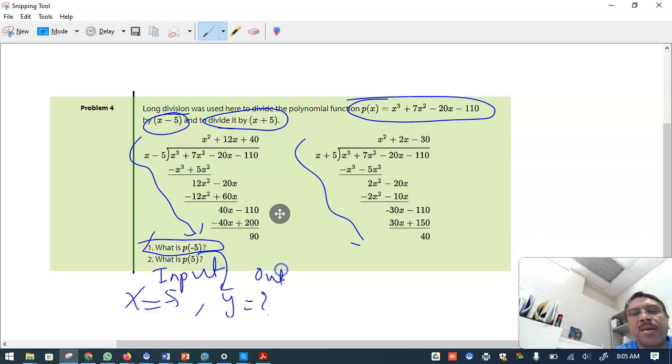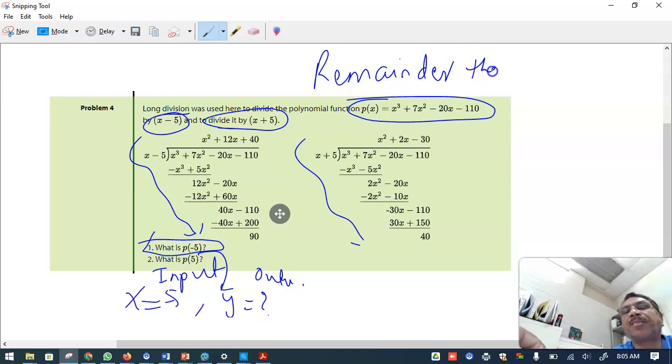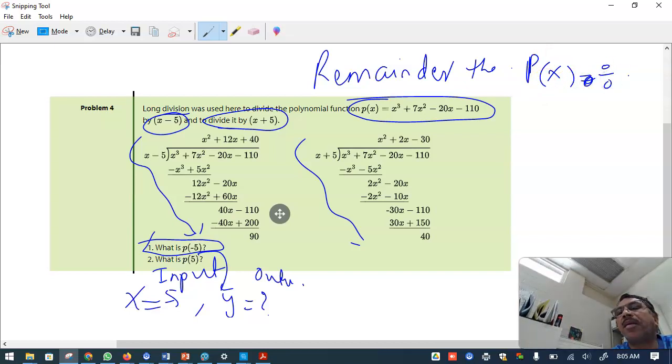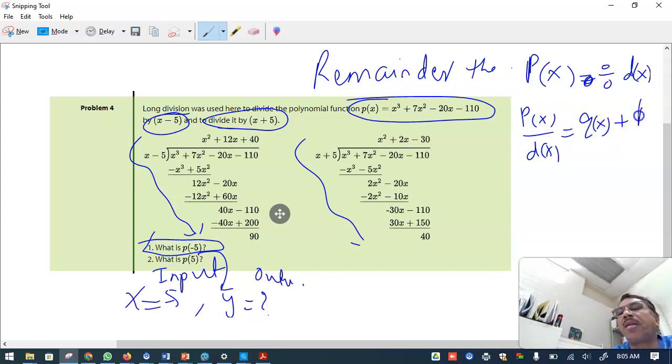what is the output? Now remember, what the remainder theorem says is when p(x) is divided by a divisor, maybe d(x), then p(x) divided by d(x) always equals the quotient plus the remainder divided by d(x).